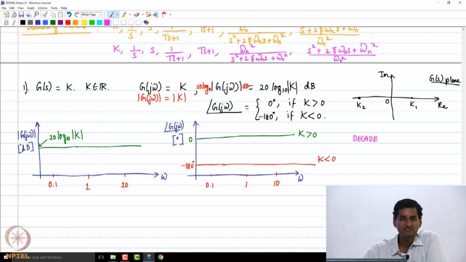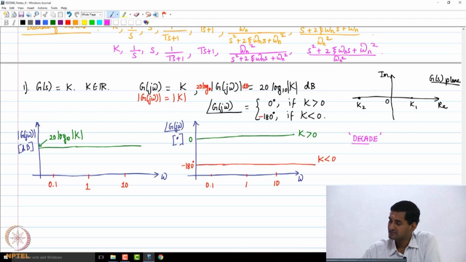By convention, we plot or mark frequencies which are a decade apart. What is a decade of frequency? A decade essentially means that you are at a particular frequency, and you are considering a range from that frequency to either 10 times that frequency or 0.1 times that frequency.